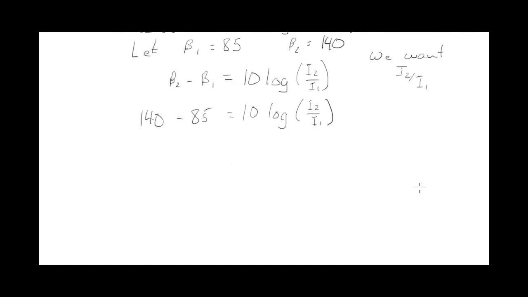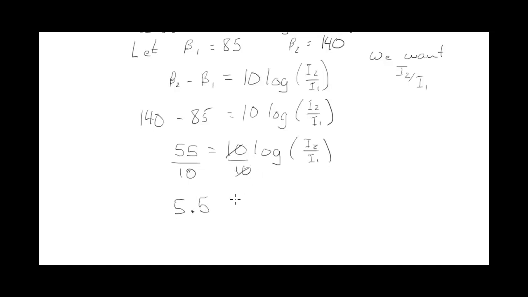140 minus 85 would be 55, equals 10 times the log of I2 over I1. Divide both sides by 10. You get 5.5 on the left.